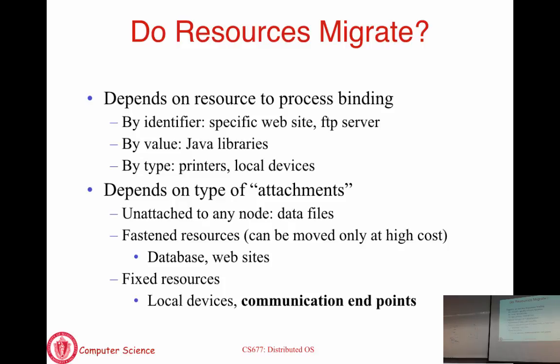Packets are sent to an address, not to a process. They're sent to an IP address and a port number, not to a specific process. So the packets will continue to arrive at this IP address and port number on this machine. The process has simply moved over. The other end doesn't even know that has happened.